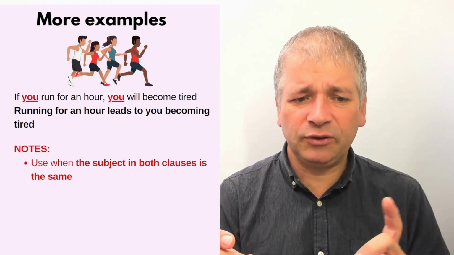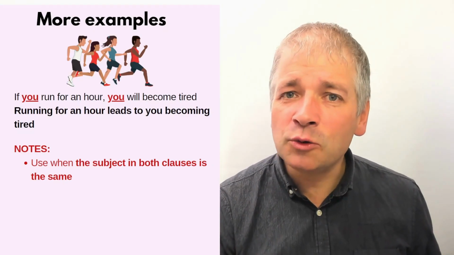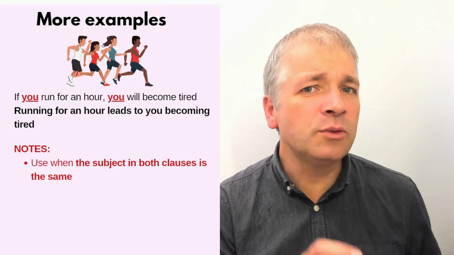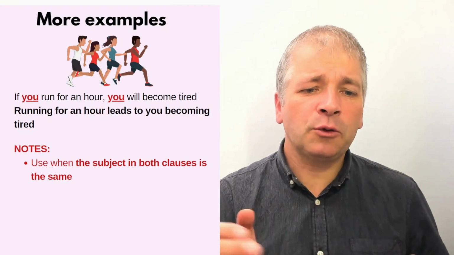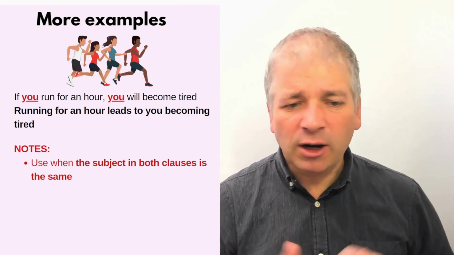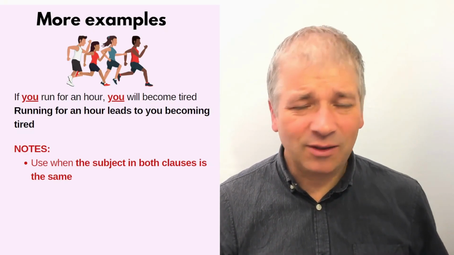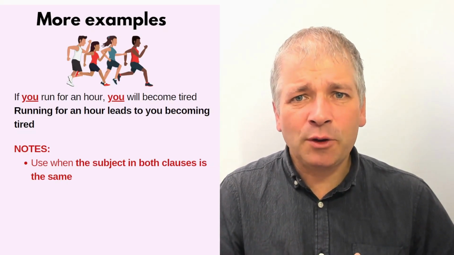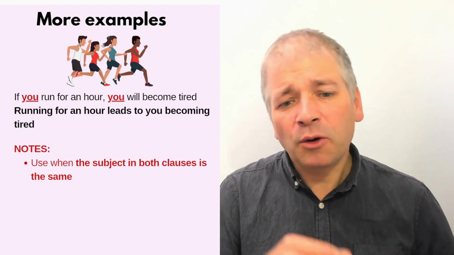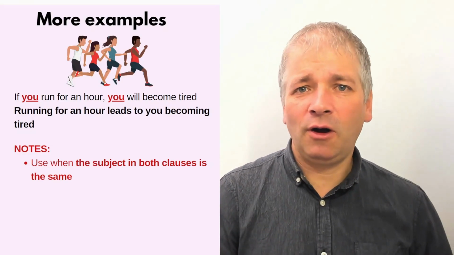Why is that important? Because we did not use you in the first part of our clause with running for an hour. Running for an hour is the subject. There's no sense of you. And we only know it refers to you because we have you in the second part of the sentence.